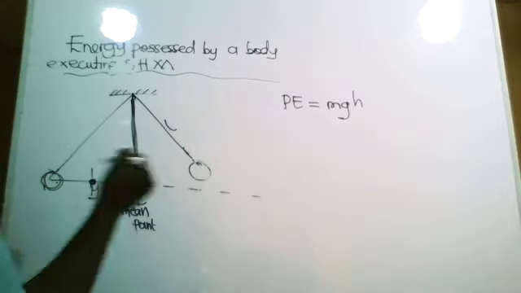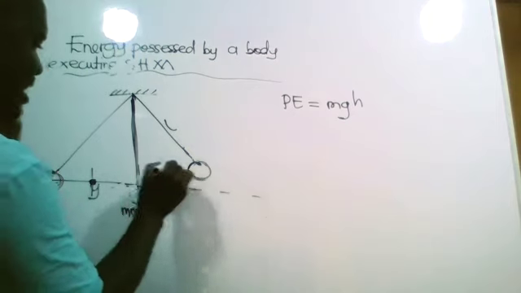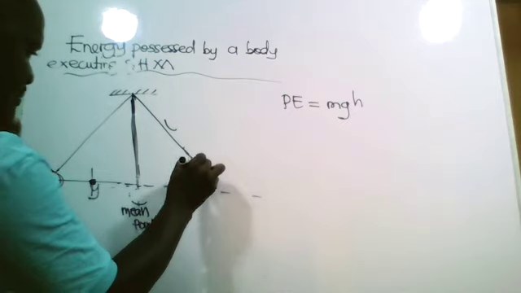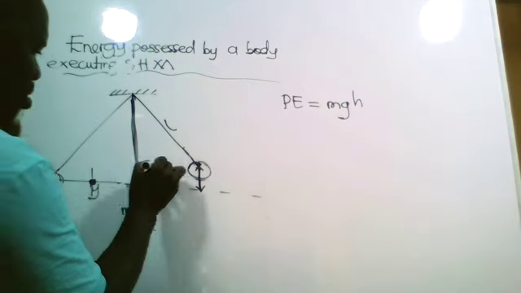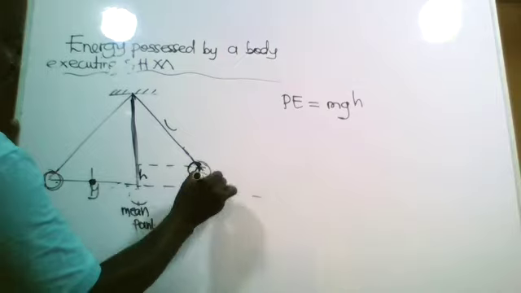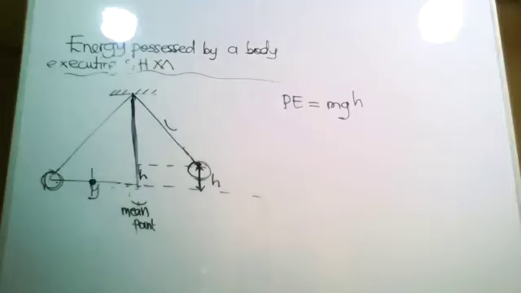When the body is here, it covers a certain vertical height, and this is almost the same as h here. Knowing this helps us determine the gravitational potential energy of the body. It's not directly due to its displacement when the body is oscillating.